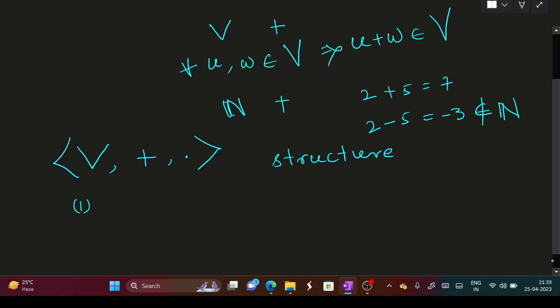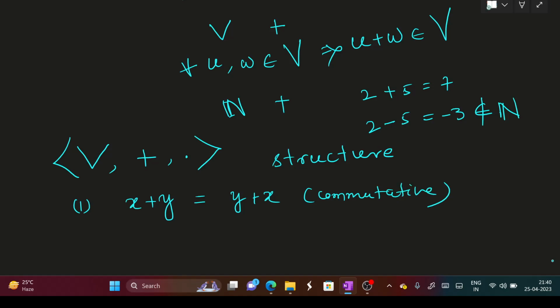First property is, in this space or set, vector addition is commutative. Similarly, addition is associative: x plus y plus z is equal to x plus y plus z.